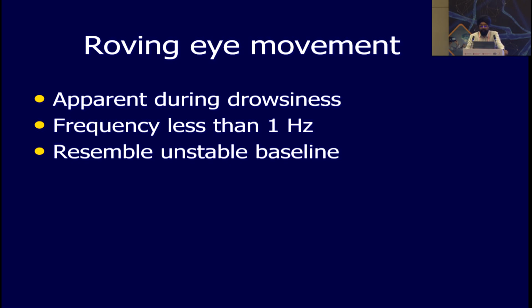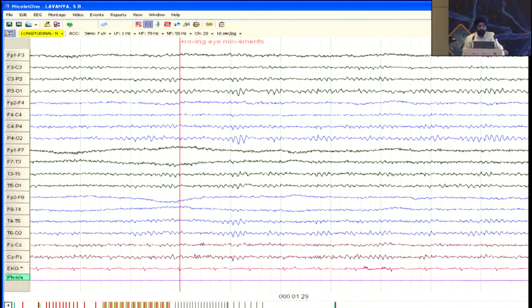Then you have roving eye movements, which are seen during drowsiness, with frequencies less than 1 hertz, and resemble an unstable baseline rhythm. So they are usually slow movements. If you see, in this we can see these two channels are coming close and this is going apart, so possibly the patient is moving to the left, then right, showing a negative polarity.